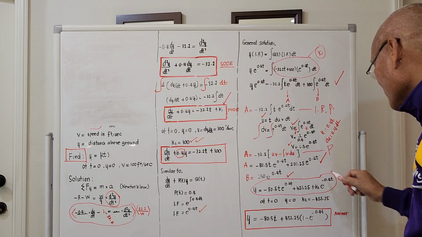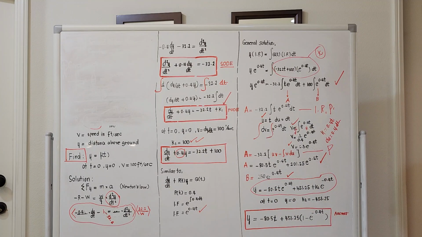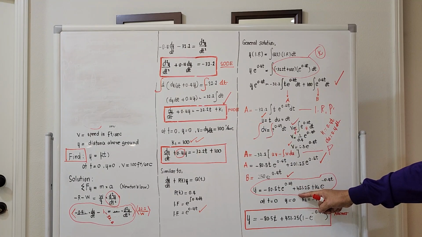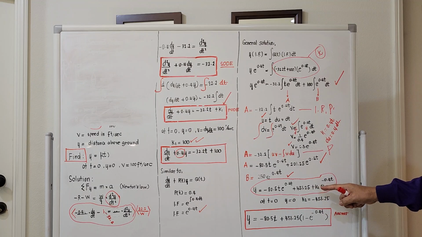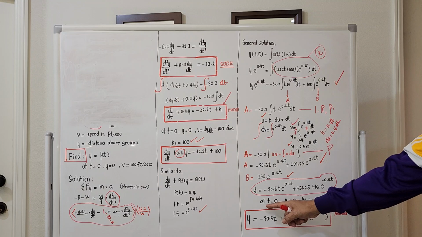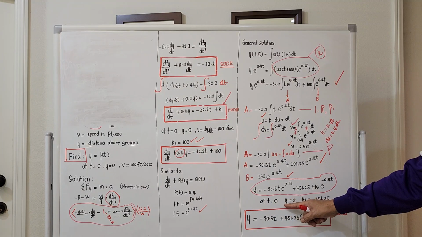You could do it, right? The product of t e to the 0.4 t, 451.25 plus k2. There should be a second constant of integration, k2, e raised to negative 0.4 t. Then to compute for k2, apply again the given initial condition at time t equal to 0, y is 0.